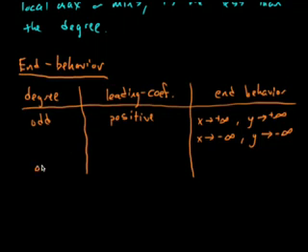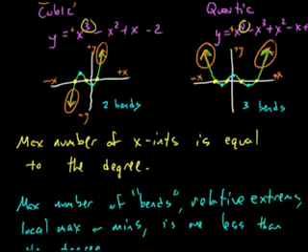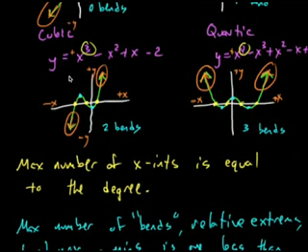Now, what do you think happens when I have an odd function with a negative coefficient? Well, just like the parabola, how it would flip upside down, let's think about what happens to this kind of S-bend. If I flipped this, it would just switch the end behavior, but they'd still be pointing in opposite directions.